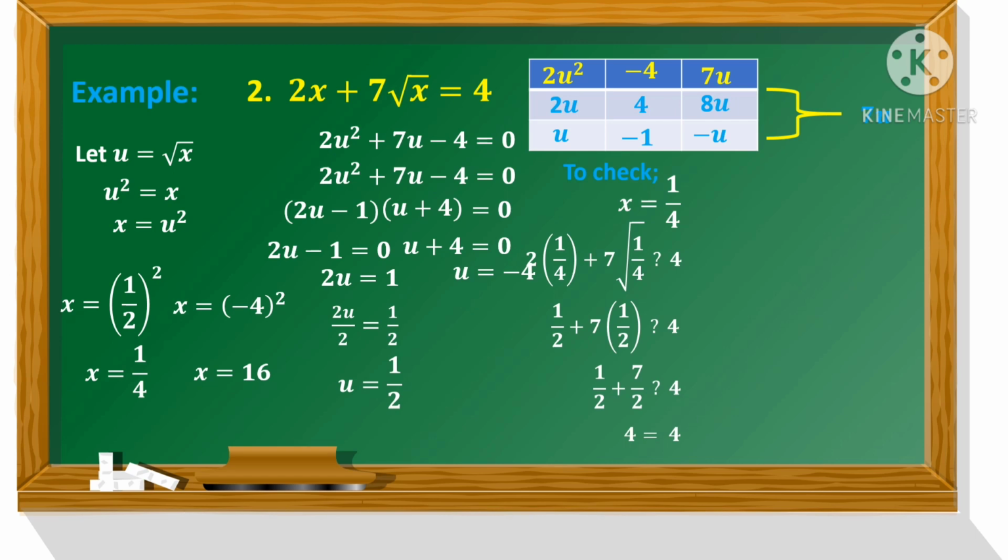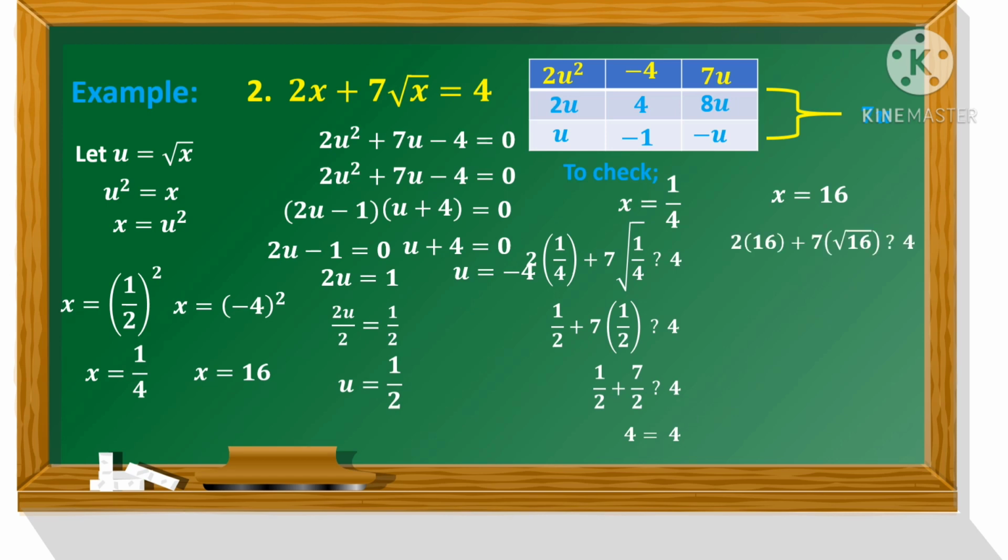So 1 half plus 7 over 2, that is 8 over 2, kasi 1 plus 7, because they have the same denominators, copy the common denominator, 8 divided by 2, you have 4 equals 4. And we're able to satisfy the equation. So 1/4 is a solution of the given equation.